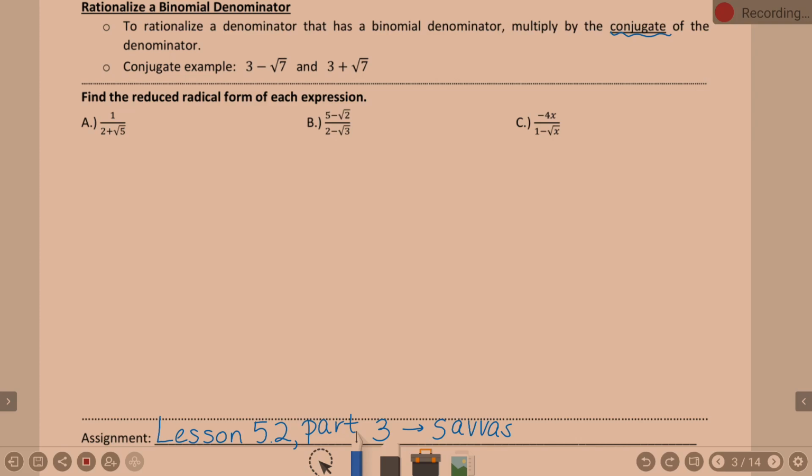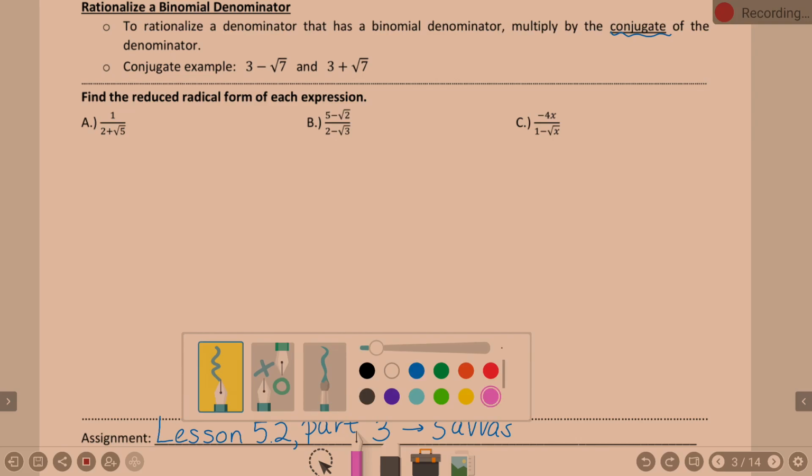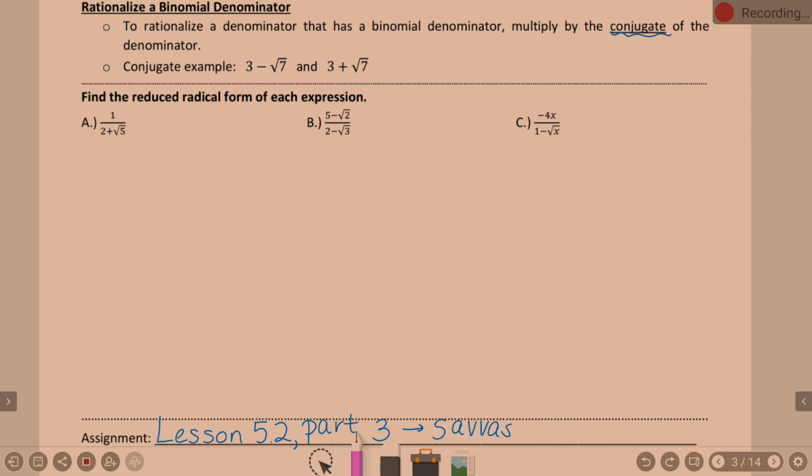If it was just the square root of 5, we can multiply by square root of 5 to make it a perfect square. But because there's 2 things added, that doesn't work. So we're going to multiply by, what word did I use? Conjugate. What do you think the conjugate of 2 plus the square root of 5 is? 2 minus the square root of 5.